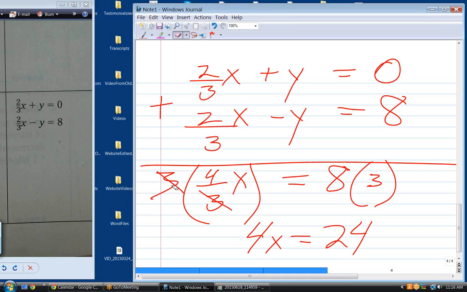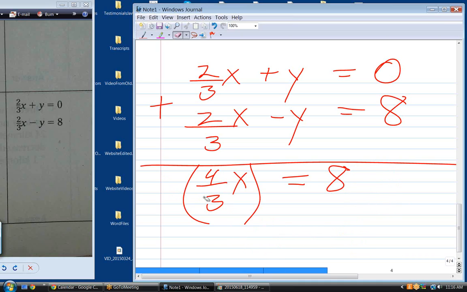Okay, so what we did here, notice, was that we multiplied by the denominator and we divided by the numerator. So I could do that in one step. Just multiply everything by the reciprocal of this number.